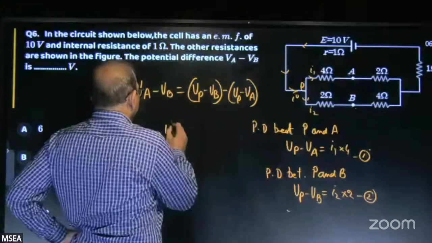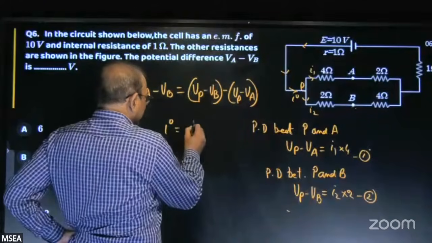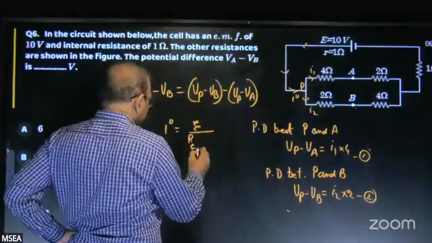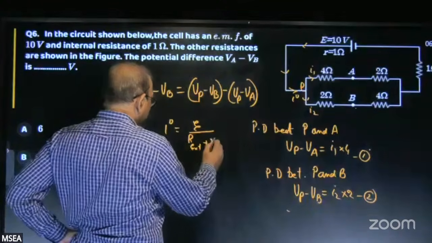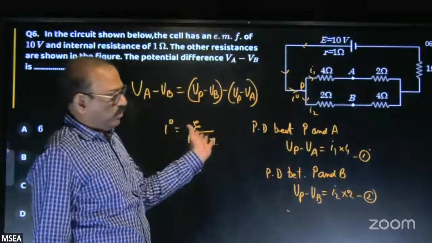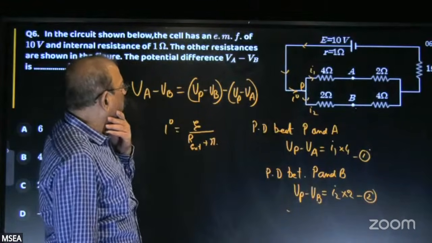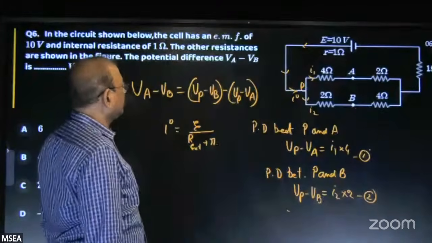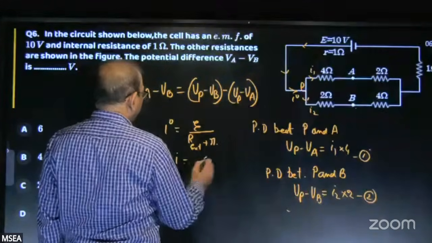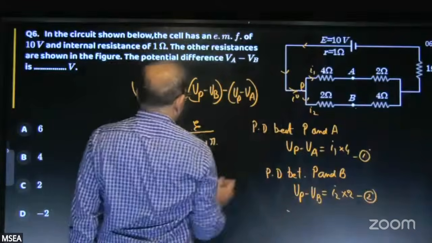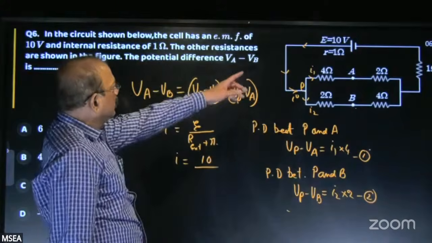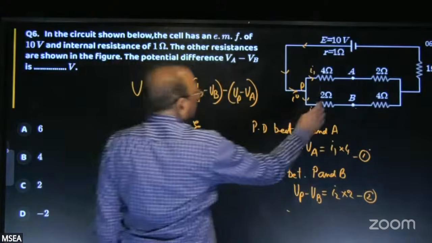How to find I? EMF by resistance in the external circuit plus internal resistance. Many times I told you, we used this earlier. What is EMF? 10 volt by resistance in the external circuit.